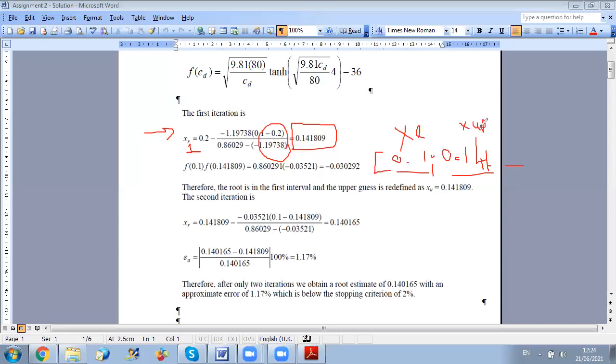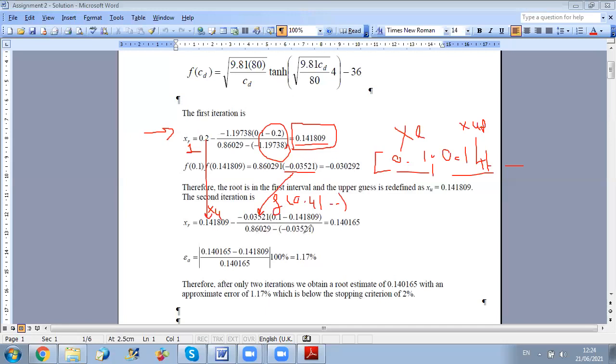In your equation, x upper becomes, instead of 0.2, 0.141809, and instead of f upper you replace f at 0.141809, which we computed here, it's minus 0.03521. This is f at x upper, times x lower minus x upper over f lower minus f upper.